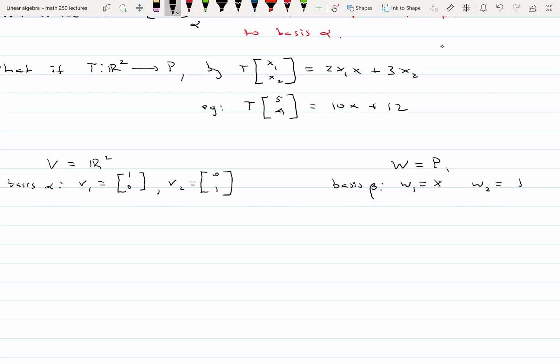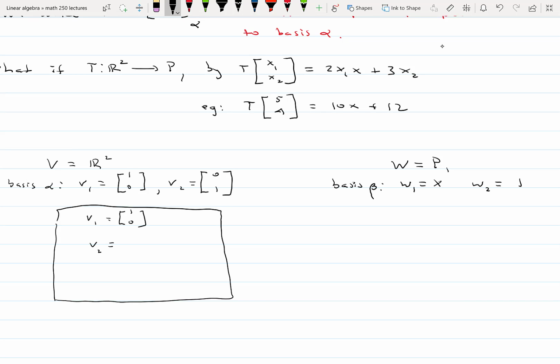I'm just being lazy. Okay, so what we want to do is check out the action of the transformation on the vectors from V. Let's do that symbolically: in this rectangle we have the vector space V. V1 is the vector (1, 0).